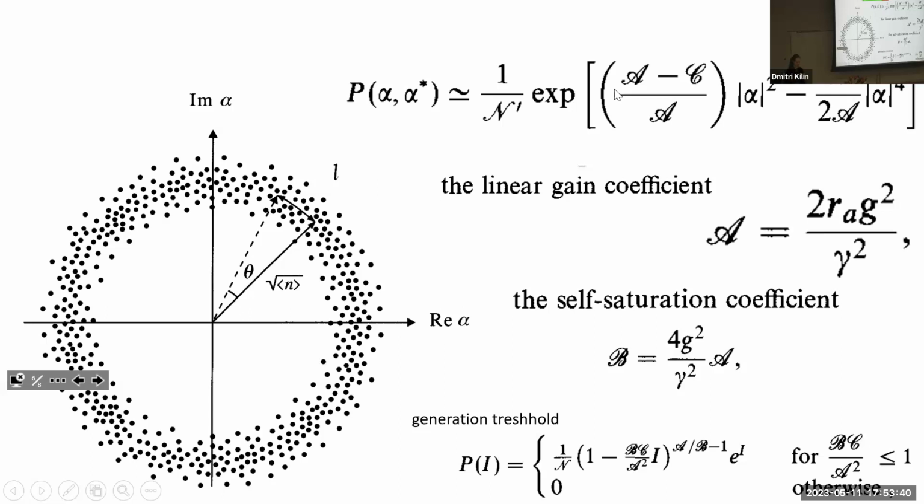Okay, please continue. Okay, so this is the end equation. Like I said earlier, A is the linear gain coefficient, B is the self-saturation coefficient, and N is the normalization constant. So near the threshold, the steady state solution of the equation of motion is this, and RA here is also a constant, right?